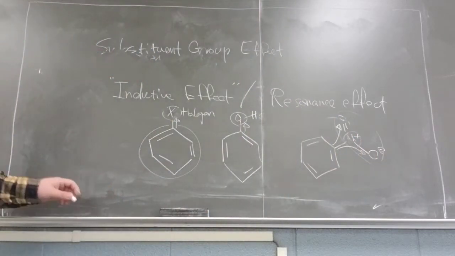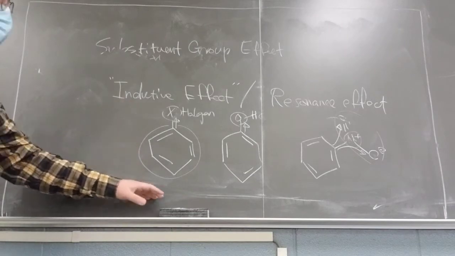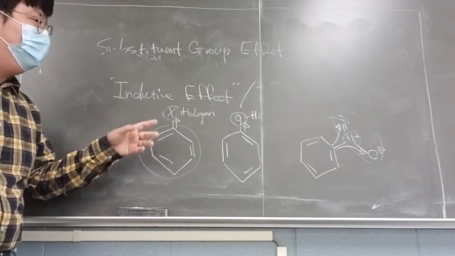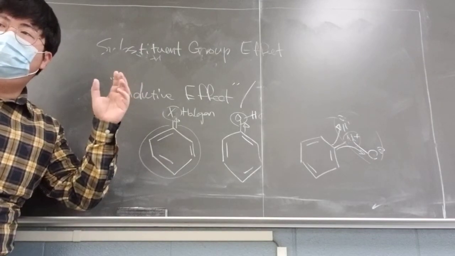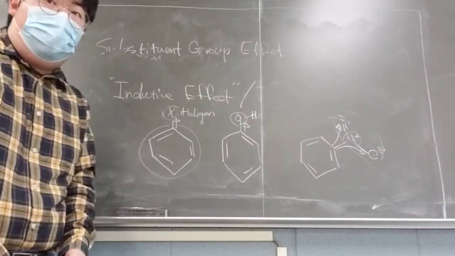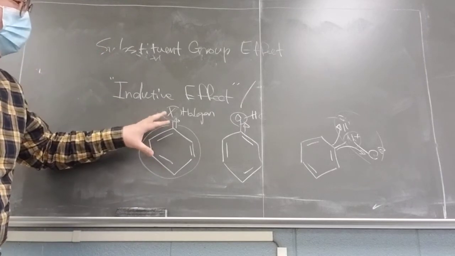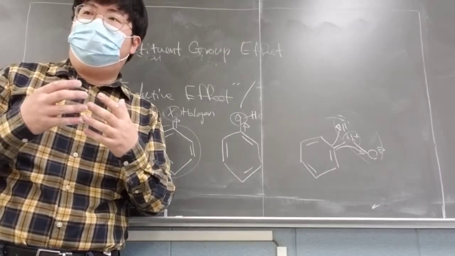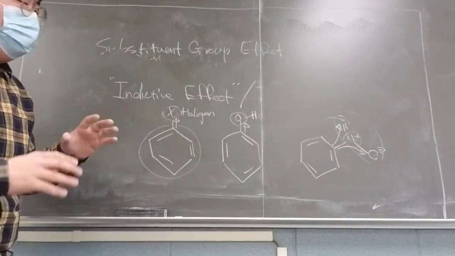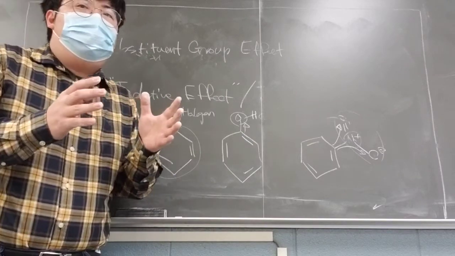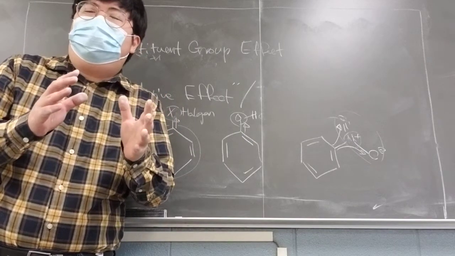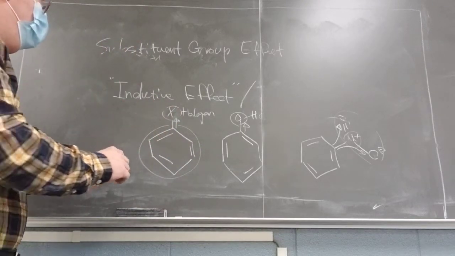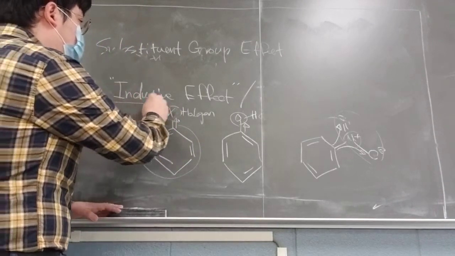So that is what we call the inductive effect. We haven't gone to the resonance effect yet, but this is why we have an inductive effect. But because this halogen is quite electronegative, even though they behave like electron donating groups, because of its quite strong electronegativity, it only becomes slightly less deactivated. So it works, but not so fast. But this somewhat explains the inductive effect.